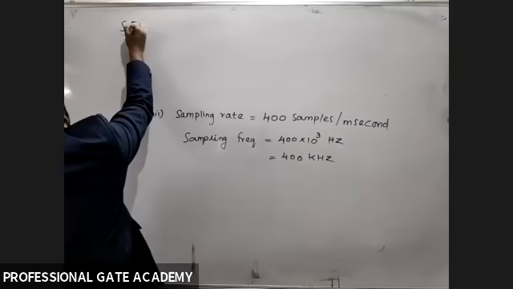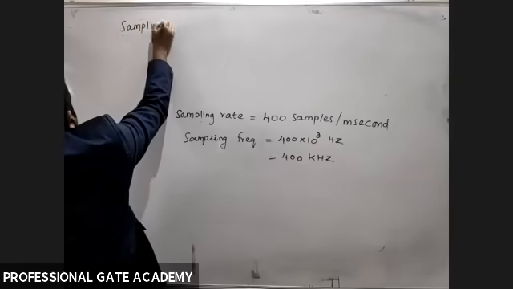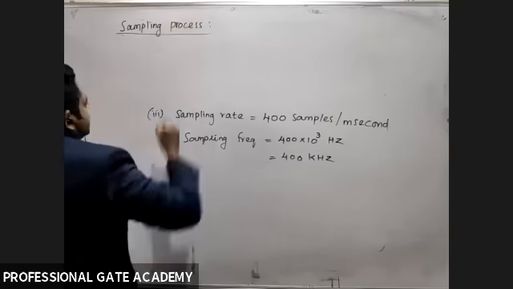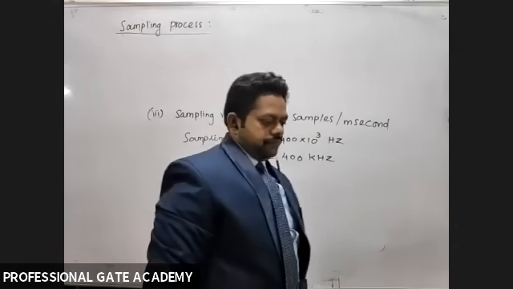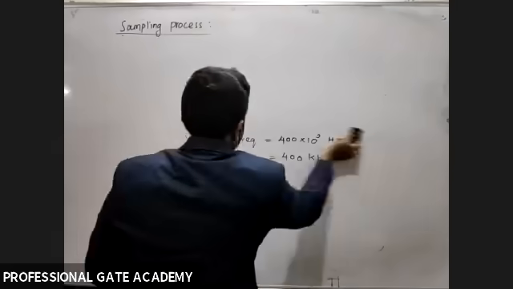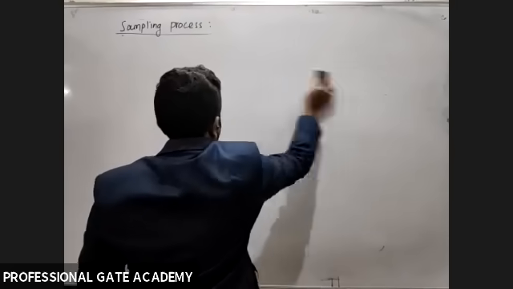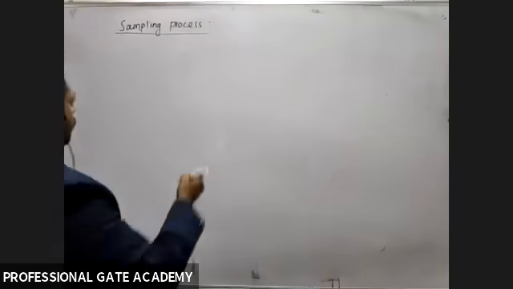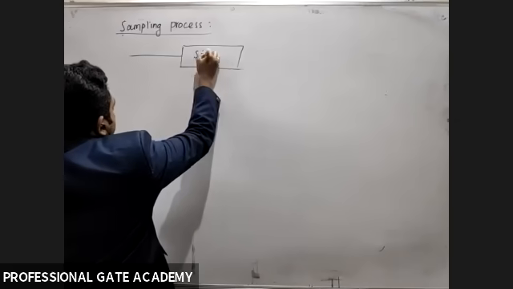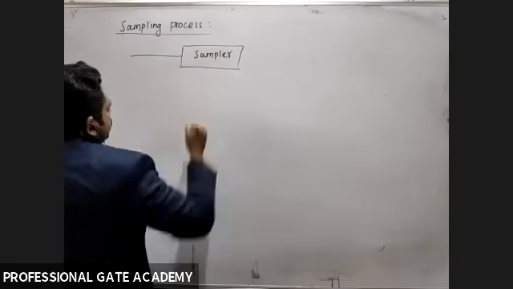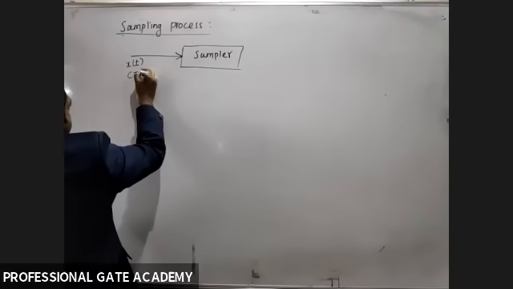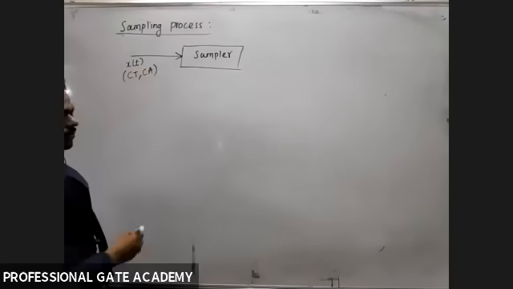Next heading: sampling process. Assume this is the sampler. To the sampler, x of t is applied, which is continuous time, continuous amplitude.